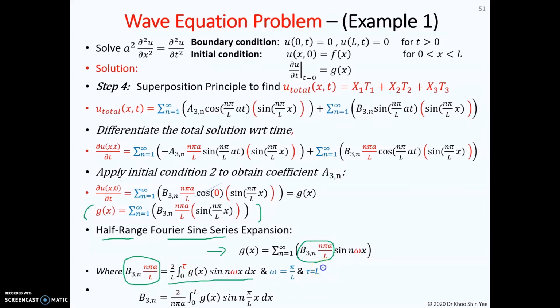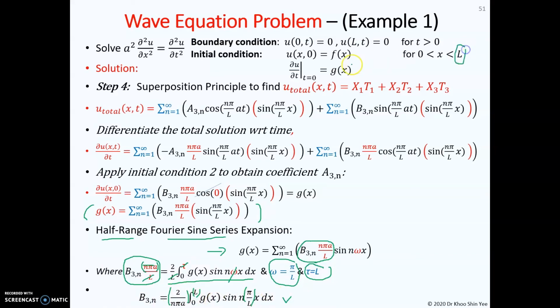Previously we obtained tau equal to L and omega equal to pi over L. So you can substitute omega to be pi over L and tau to be L here. You can see that this component can be cancelled, and you shift this to the right hand side, you obtain this answer. So after you solve this, you should obtain the B coefficient.